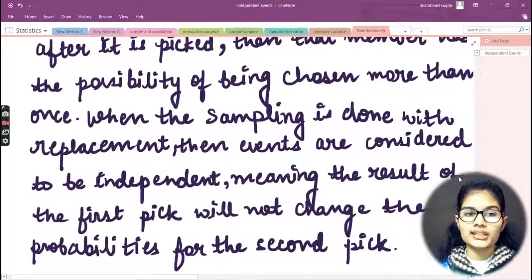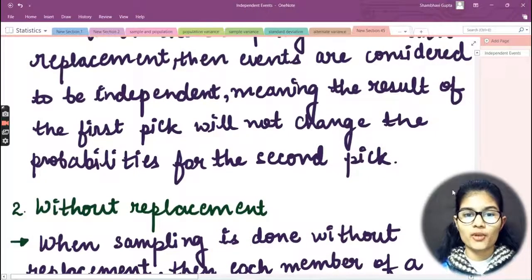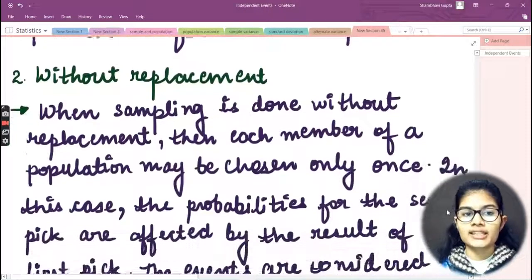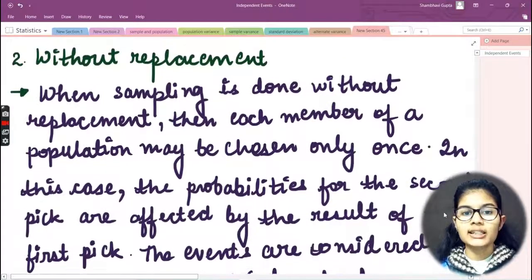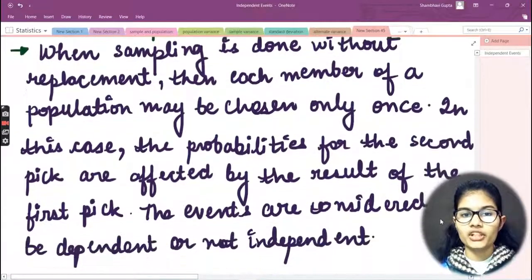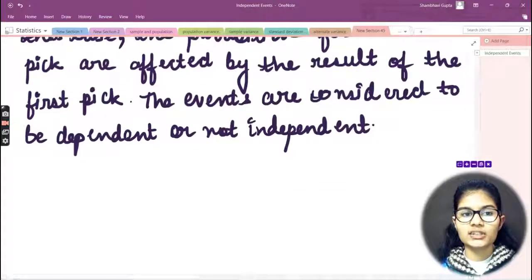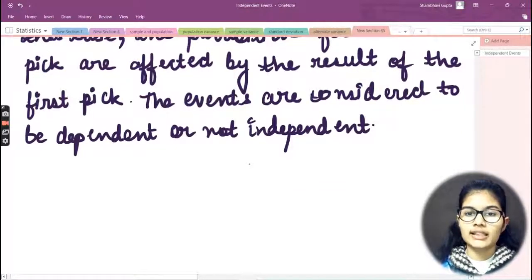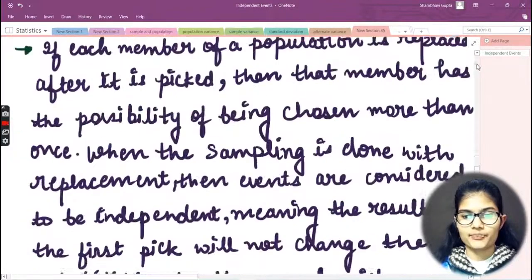The events are considered to be independent, meaning the result of the first pick will not change the probabilities for the second pick. Without replacement: each member of a population may be chosen only once, so the probabilities for the second pick are affected by the result of the first pick. The events are considered to be dependent or not independent.